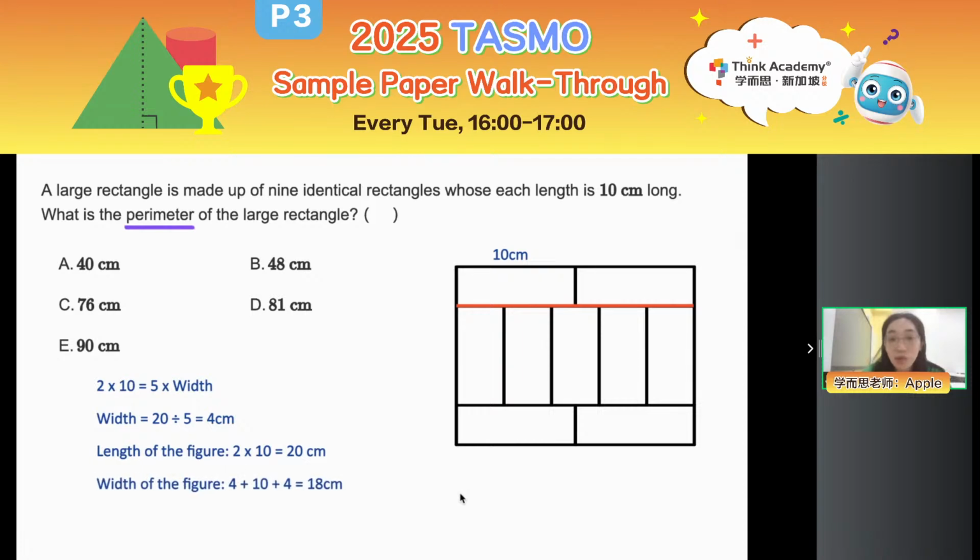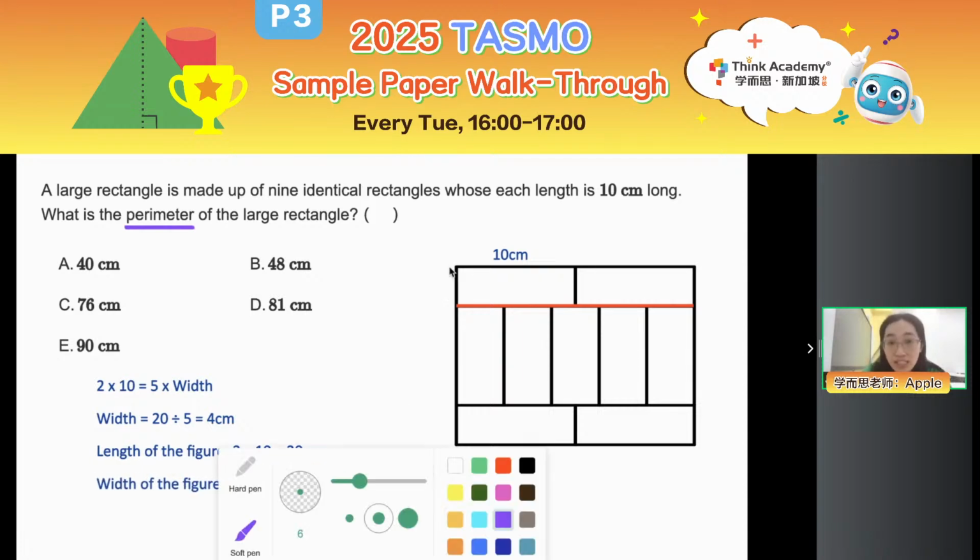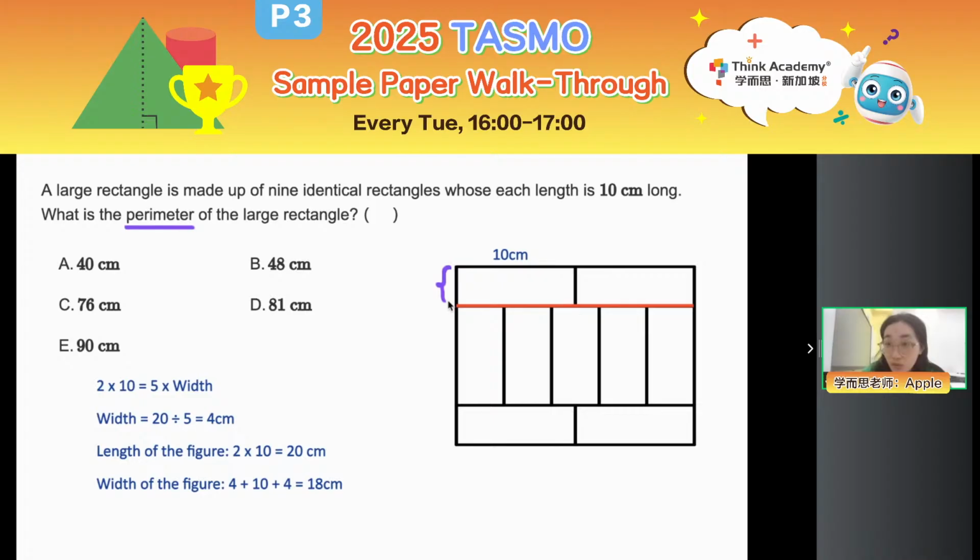And then following this for the width, you see that we just figure out for the width that is 4, right? 4 and then plus 10 and then plus 4. So it is 18 centimeter. So what is perimeter? It should be 20 plus 18, then times 2. The answer is 76. Yeah, is it easy?